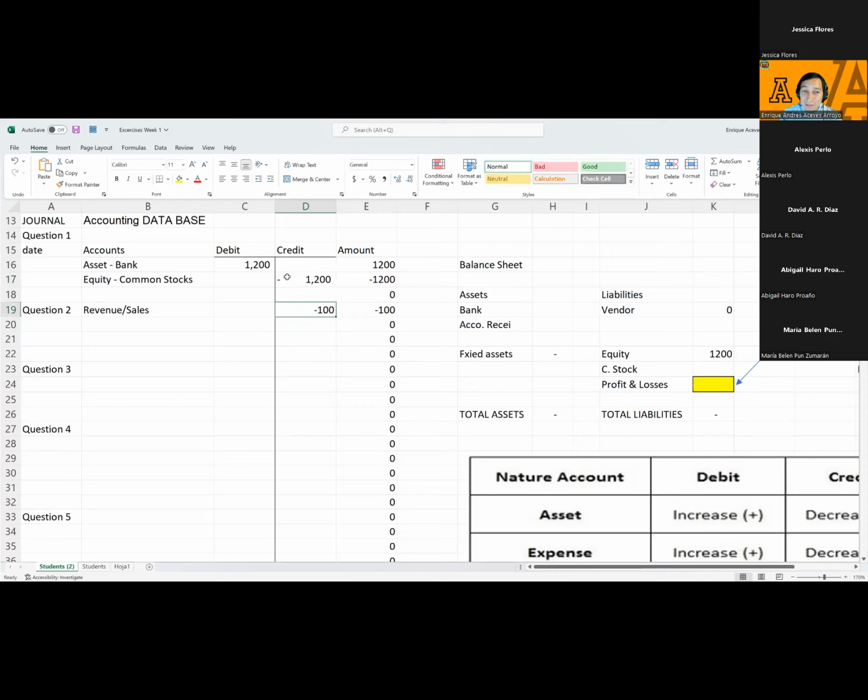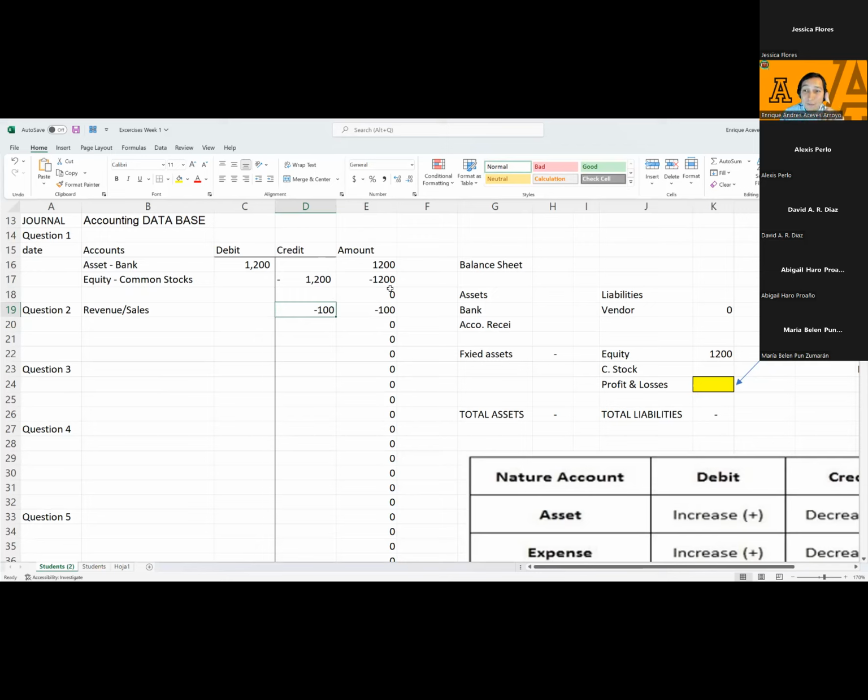So forget about the name of the account, guys. If it's a credit and you have a negative in it, and at the end of the day it results in a negative balance, it means you have a debt. With whom do you have that debt? That's what we have to figure out. The revenues and sales are debts to whom? To your shareholders.